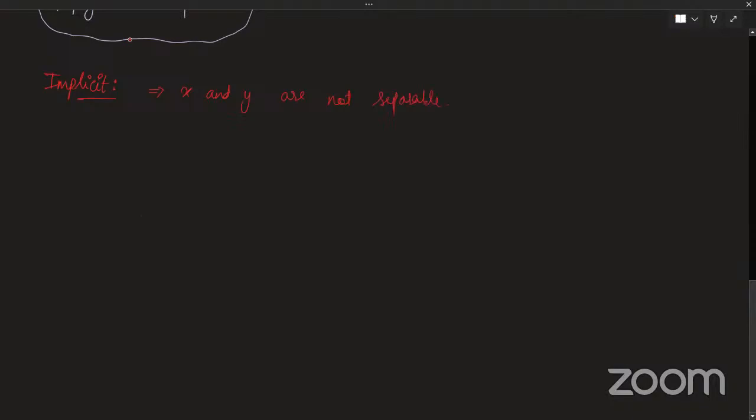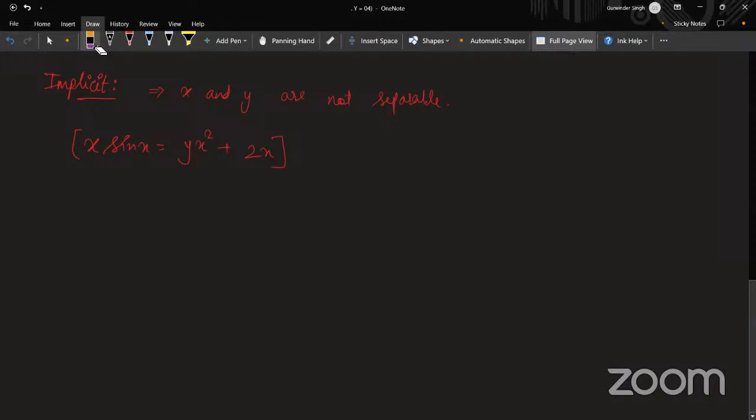Right? So for example, we had done such a case, like x sin x is equal to y x square plus something like this. Or okay, let us just take 2y square.